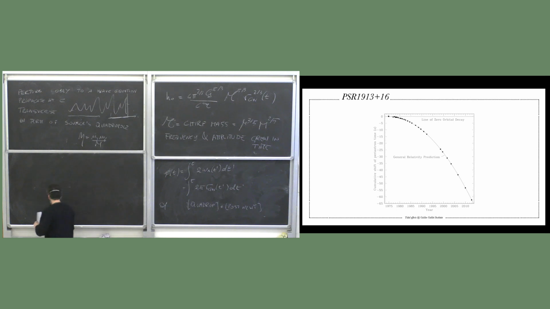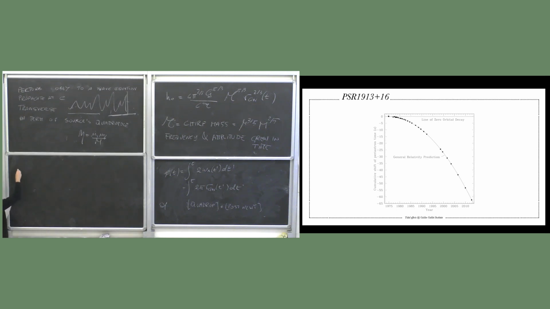Yesterday we computed dT/dt, the change in the orbital period of the binary as a function of time, which was proportional to the gravitational wave luminosity, and this was the way that gravitational waves were discovered indirectly. What you see there is the cumulative shift in the periastron time of the Hulse-Taylor binary.